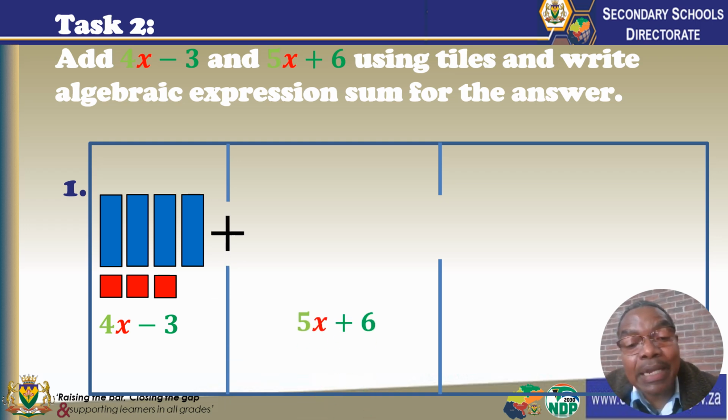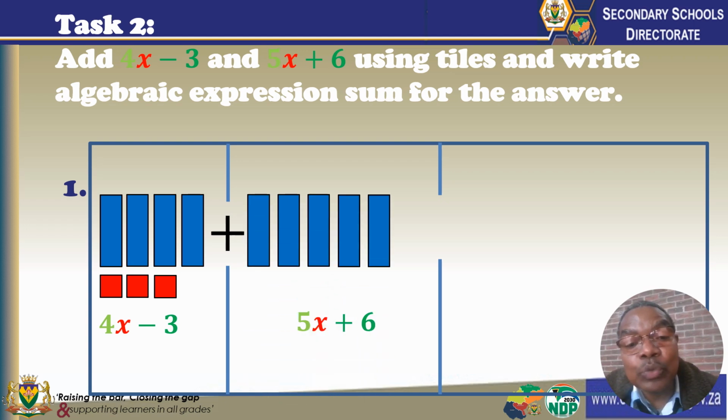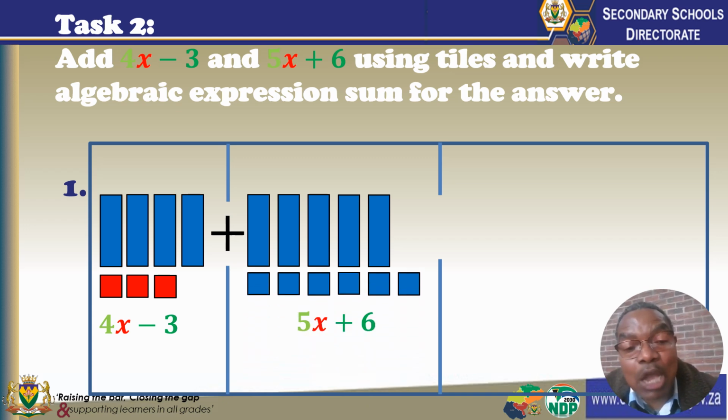We're adding together now. Let's count it: 1, 2, 3, 4, 5 rectangles. Then how many small squares? 6 small squares, which are positive. When we add together, we just count the number of squares: 1, 2, 3, 4, 5, 6, 7, 8, 9.